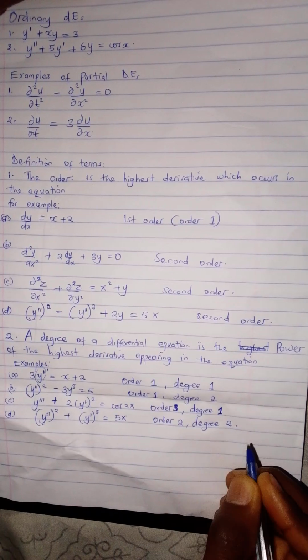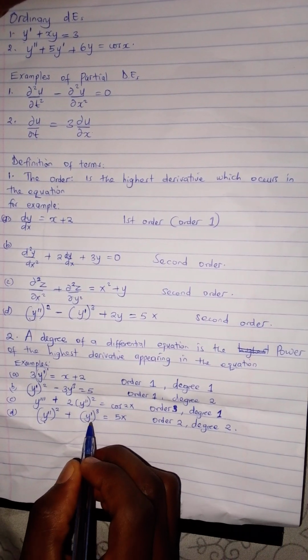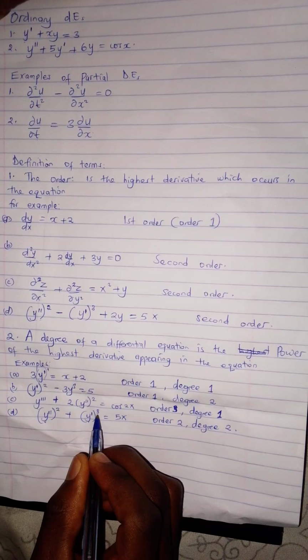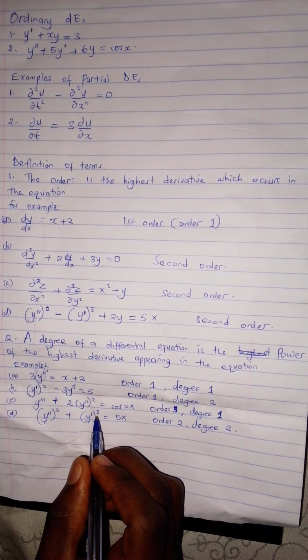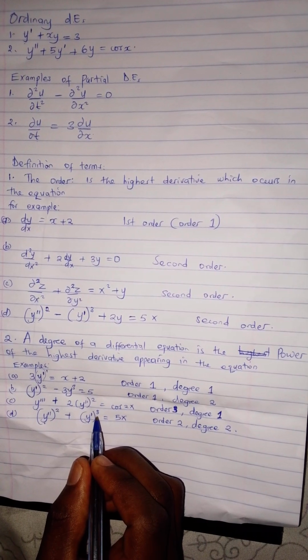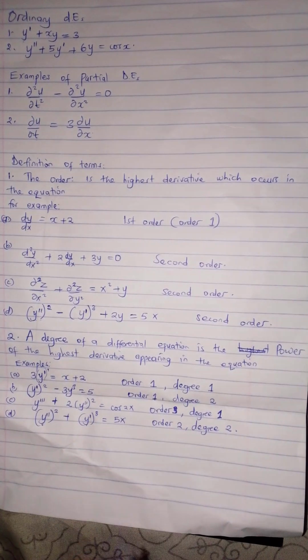So all in all, you will not choose the power 3 just because it is the highest power. In a degree, we don't choose the highest power, but we choose the power of the highest derivative.